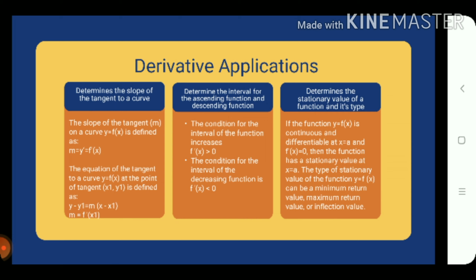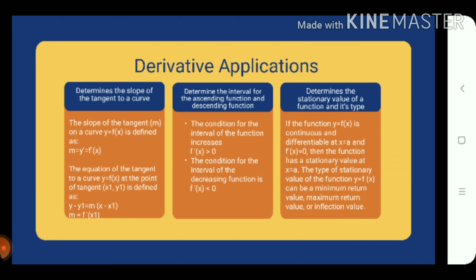Determine the stationary value of a function and its type. If the function y = f(x) is continuous and differentiable at x = a and f'(a) = 0, then the function has a stationary value at x = a.